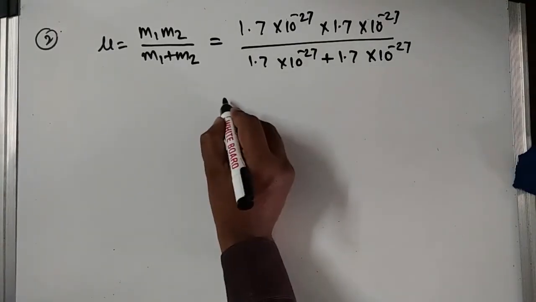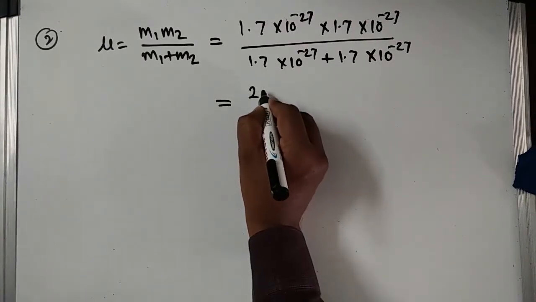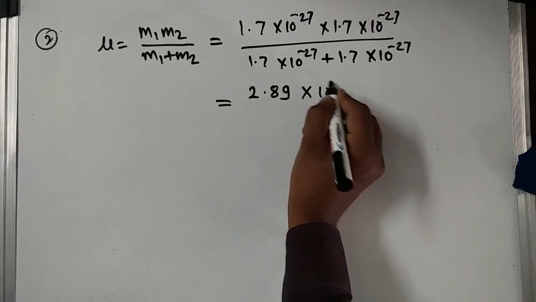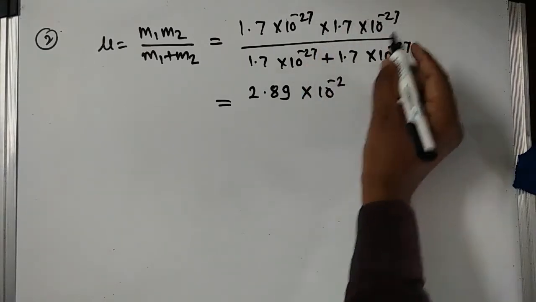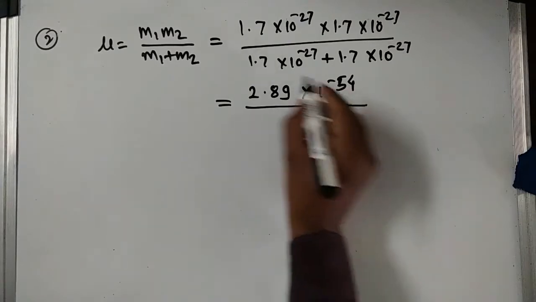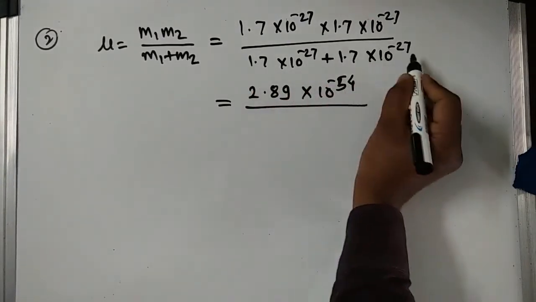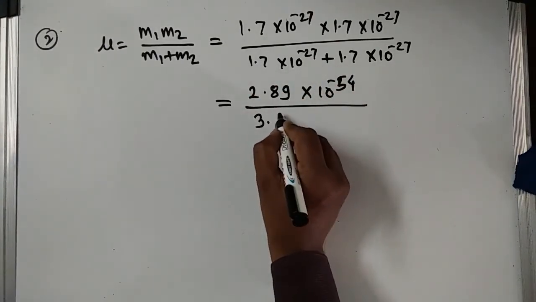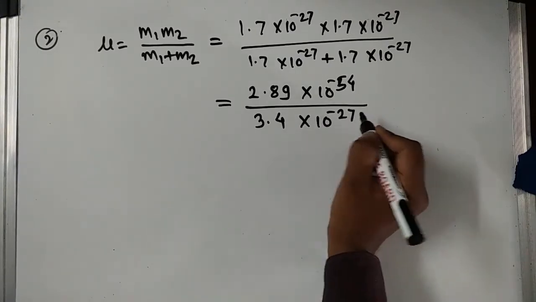Here we can easily calculate the reduced mass. The numerator is 2.89 into 10 raised to minus 54, and in the denominator it is a direct sum, so we can take out 10 raised to minus 27 common, and the sum is 3.4 into 10 raised to minus 27.